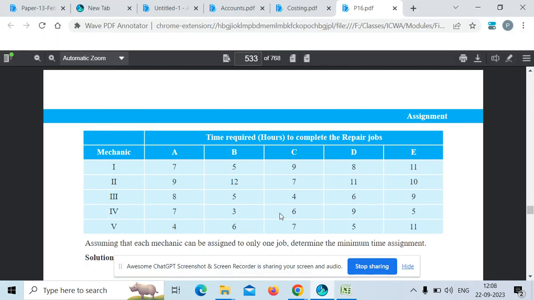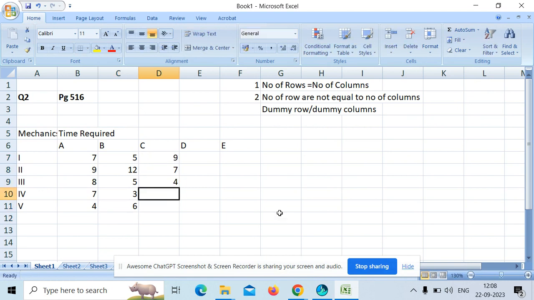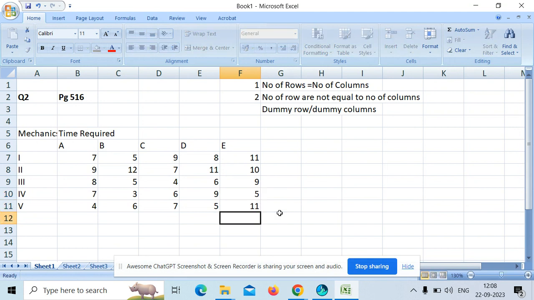Now, it is 79874. 5 12, 5 36, 974, 67, 8 11 6 11 6 9 5, 9 5, 11 10 9, 5 11.